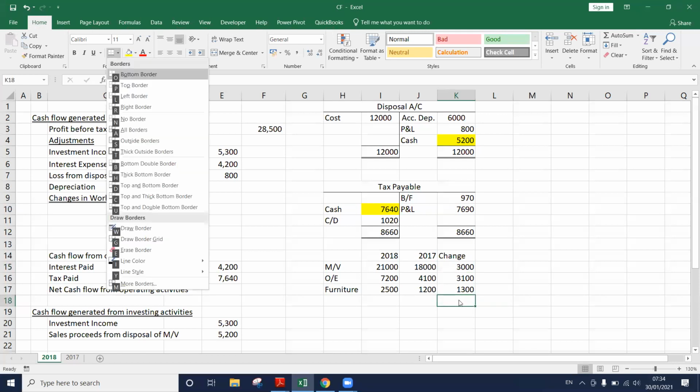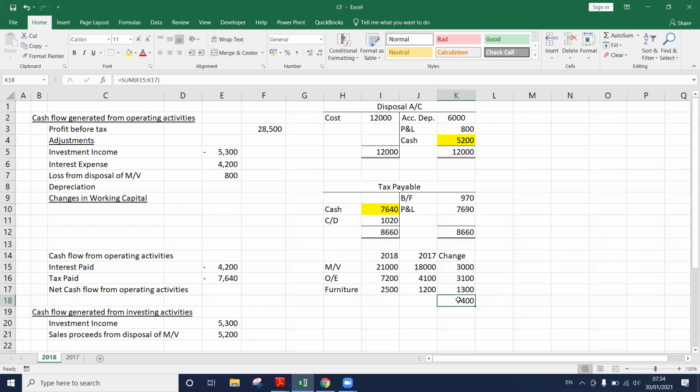So here, what is the total? 7,400. Because there is a disposal, we cannot directly take this 7,400 here. This is not the actual depreciation amount for the period. Now how do we calculate the actual amount? We need to consider the accumulated depreciation of the disposed motor vehicle. How much? 6,000, transferred to the disposal account. That amount we need to take into account.